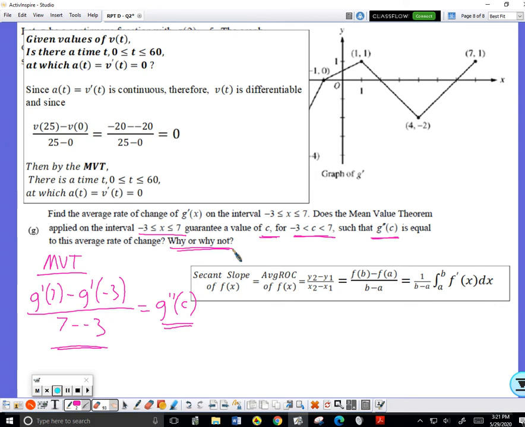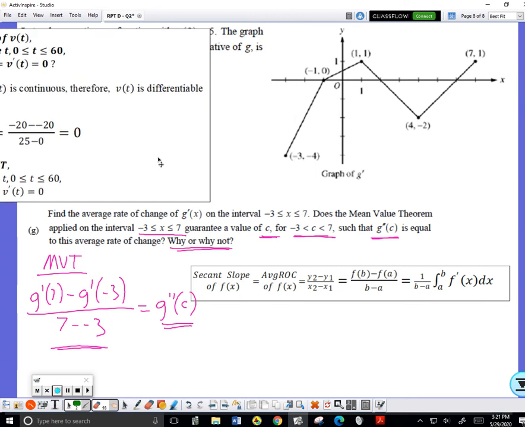Well, looking at the picture, here's the problem. G prime is not differentiable because of the corners on g prime. Therefore, that's what you write.